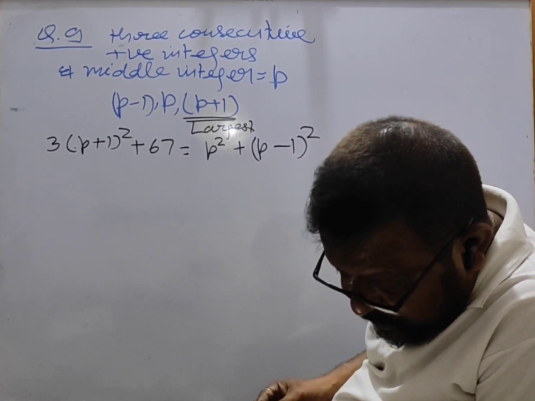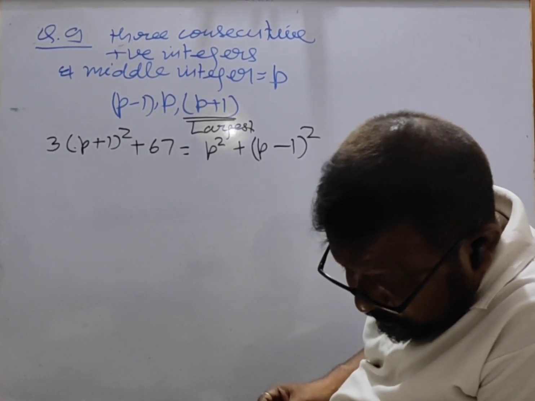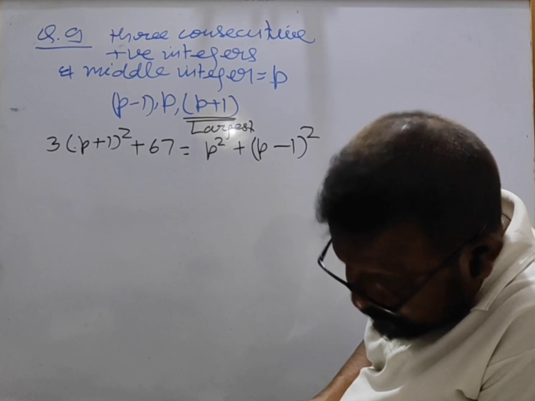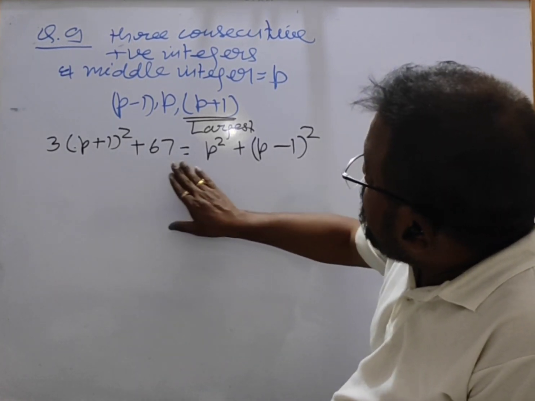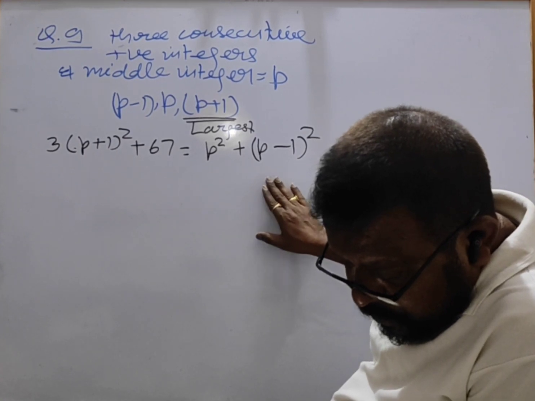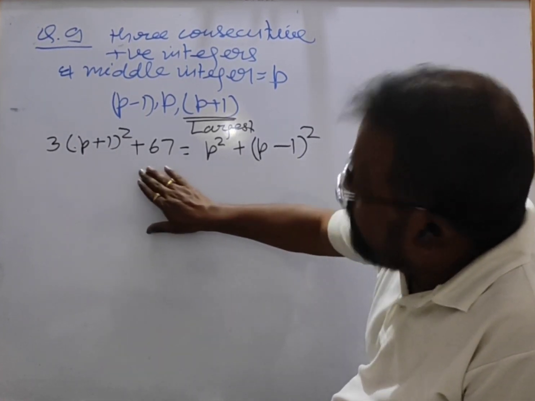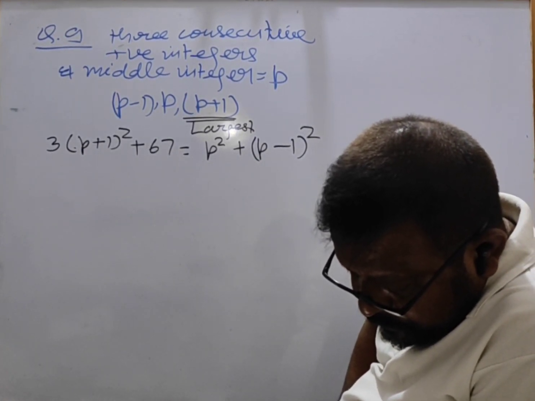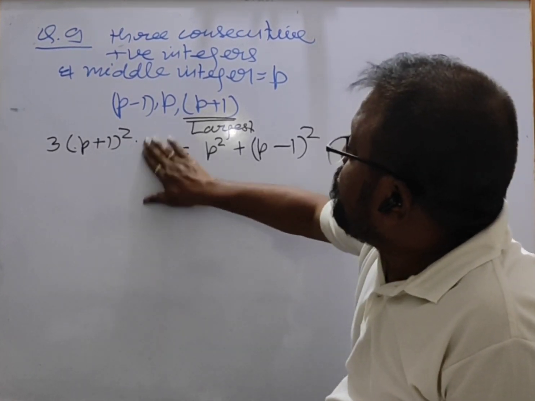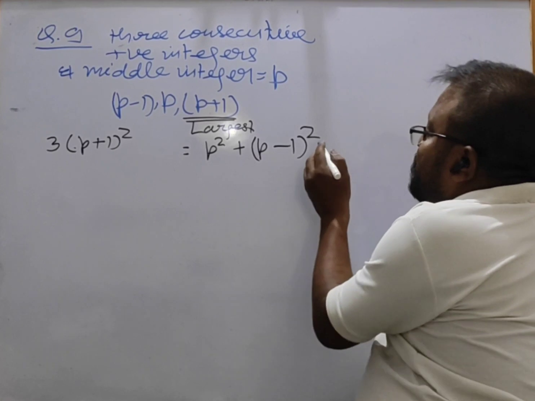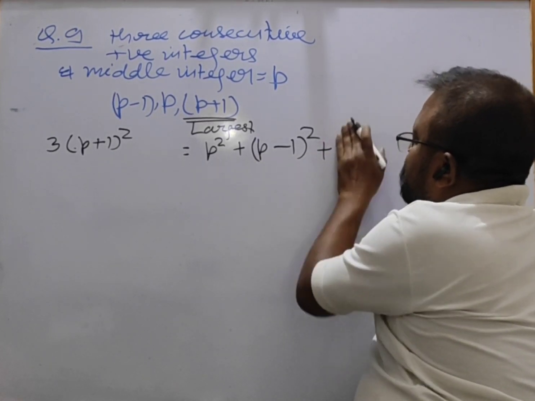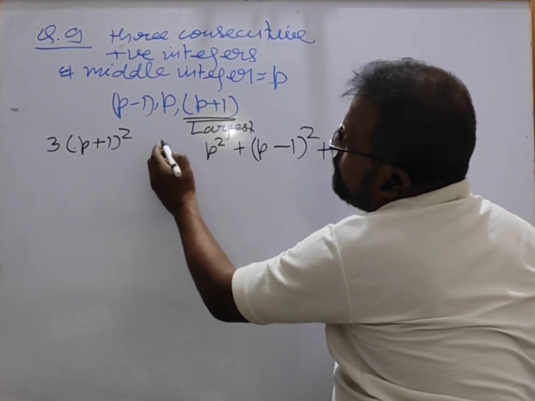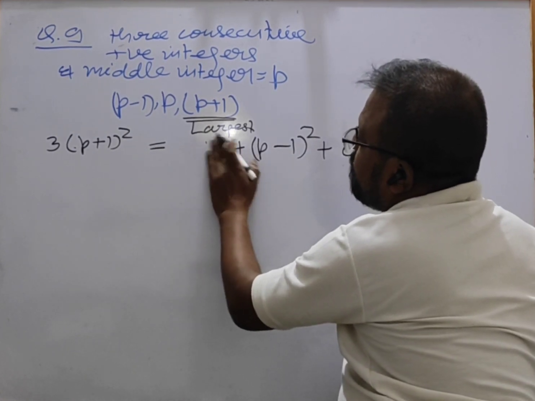If 3 times the square of the largest is greater than the sum of squares of the other two numbers by 67, oh sorry, this will be plus 67. Plus 67 will be this side, right?